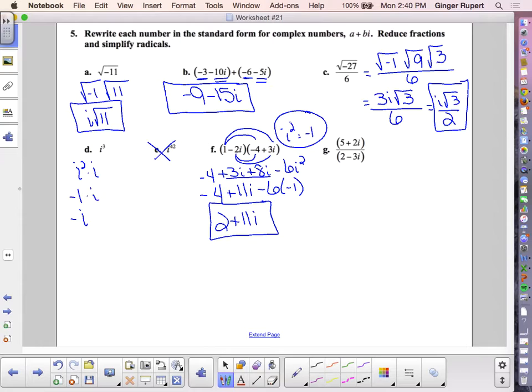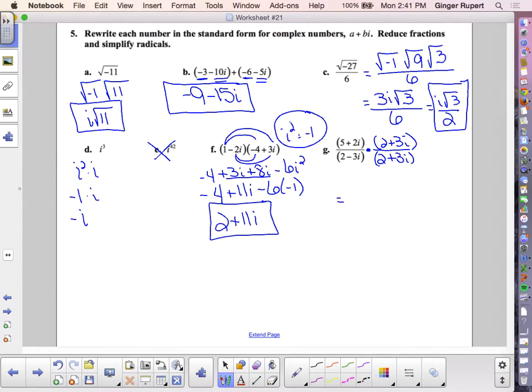G, another one we didn't talk about very much, but we did talk about the complex conjugate, so we're going to go ahead and multiply numerator and denominator by the conjugate of the denominator. Remember, the conjugate just takes the imaginary term and changes the sign and makes it the opposite sign. So 2 plus 3i. FOIL, numerator and denominator.